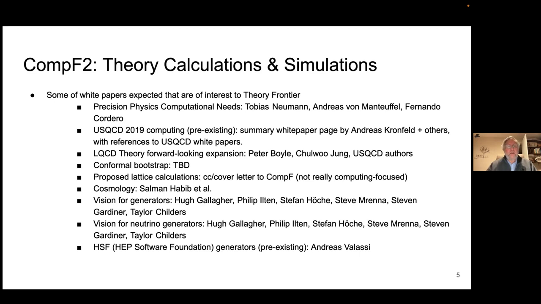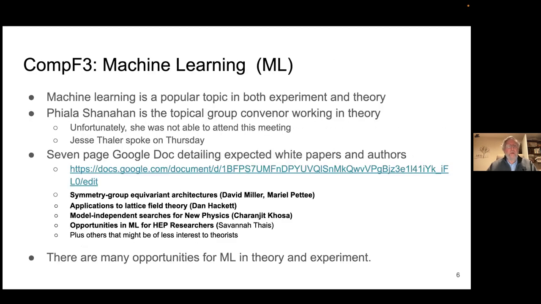So this is future computing, informal bootstrap, proposed lattice calculations, cosmology, the vision for generators, vision for neutrino generators in particular, and something from the HEP Software Foundation generators. So they already have something that they've produced.